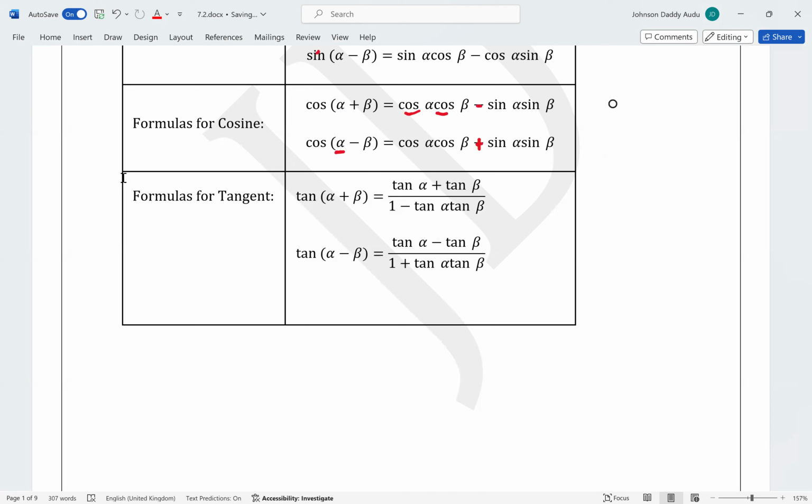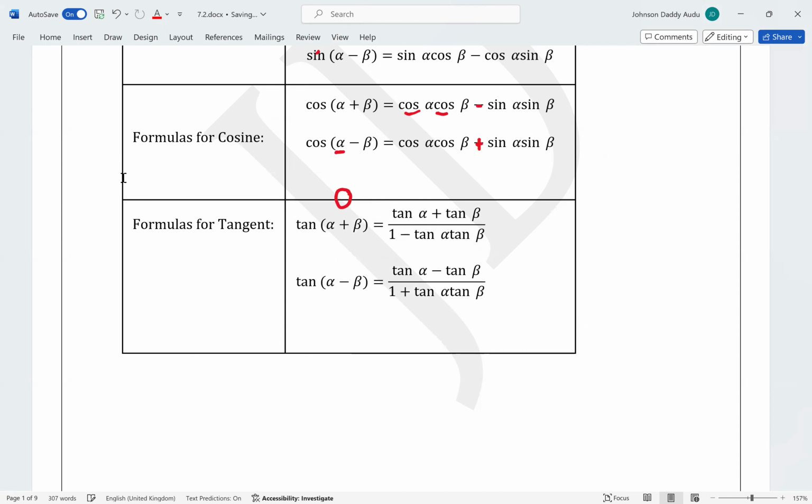Then for tan of alpha plus beta, it maintains the sign in the numerator. So if you have plus here, it is plus, and the denominator is minus. If you have minus here, it becomes plus in the denominator. So take note of that.